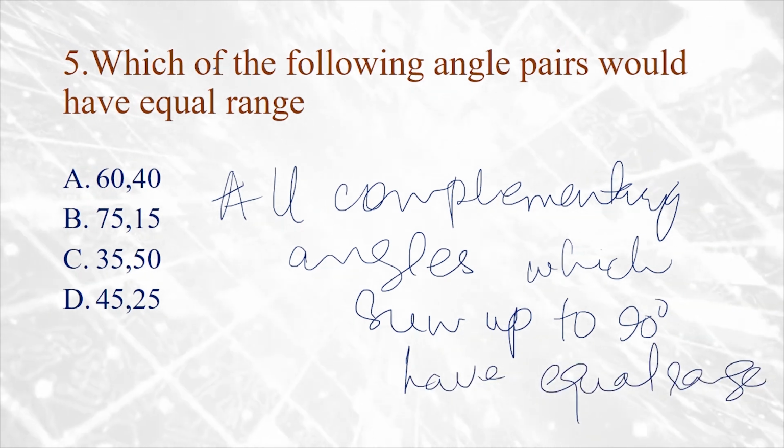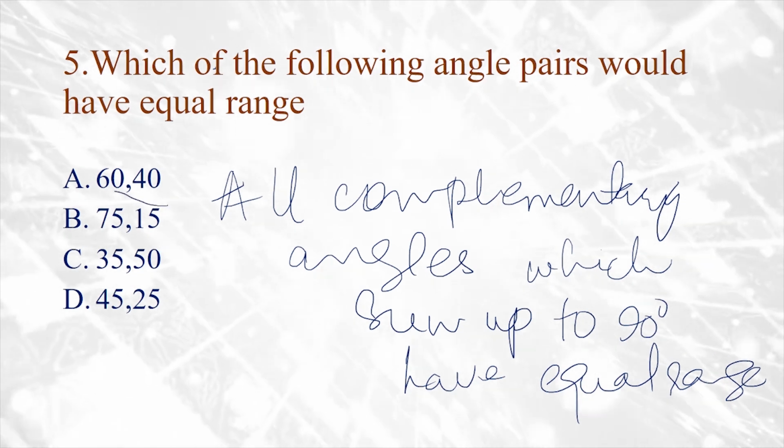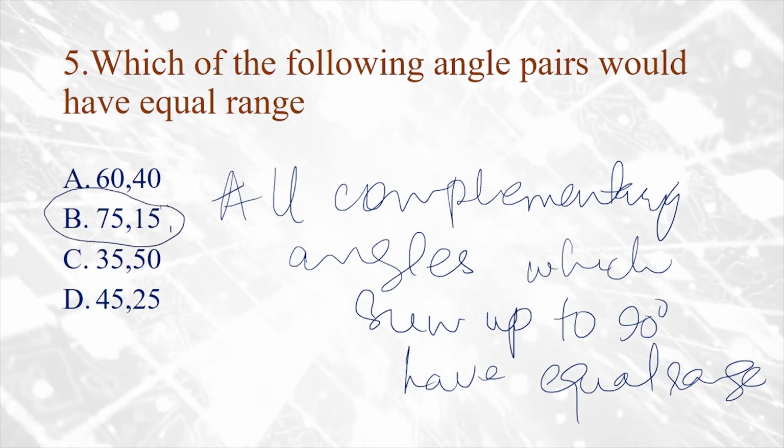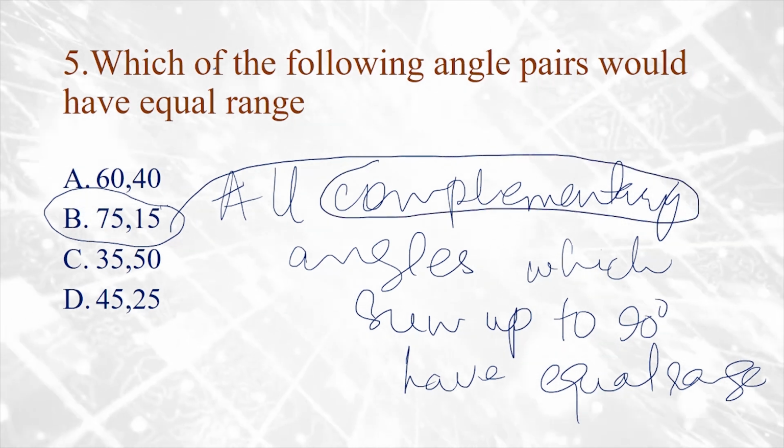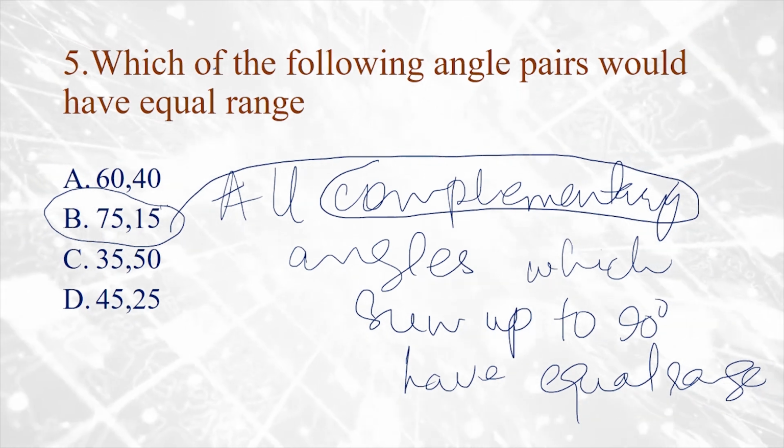So if you could find out the pair which sums up to 90 degrees, they will be known as the complementary angles, and all the complementary angles have equal range. So the correct answer is B.